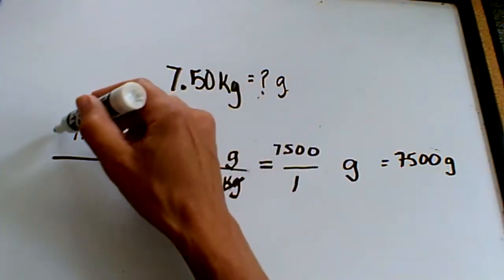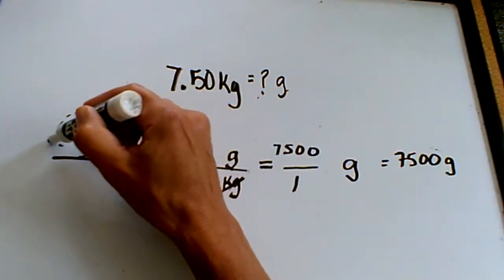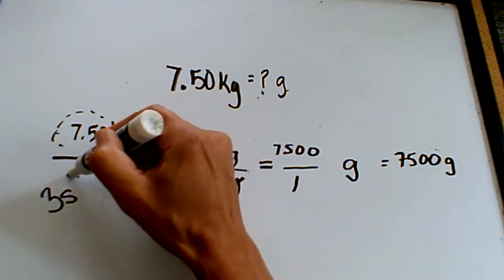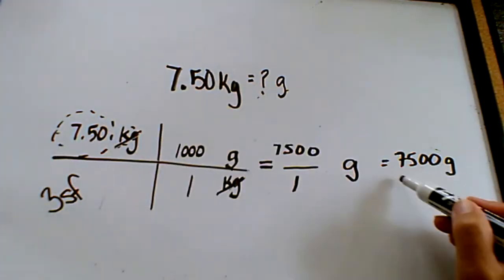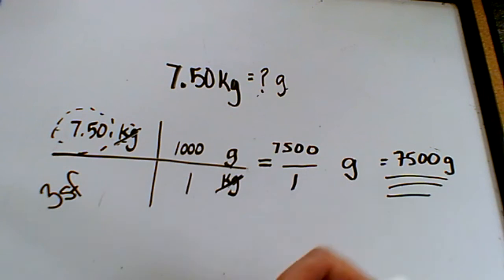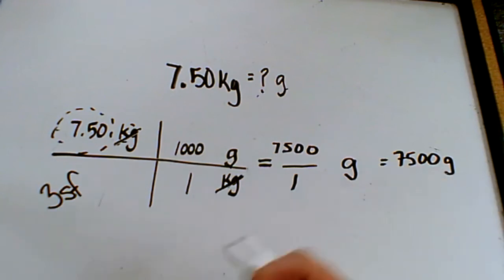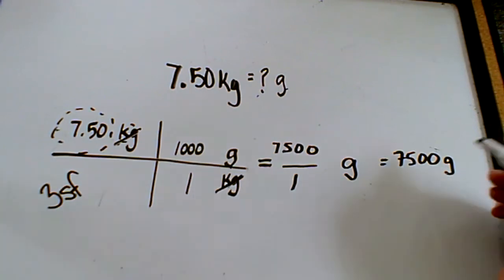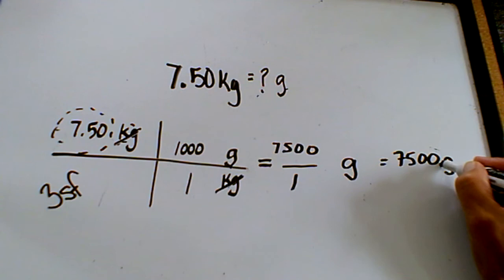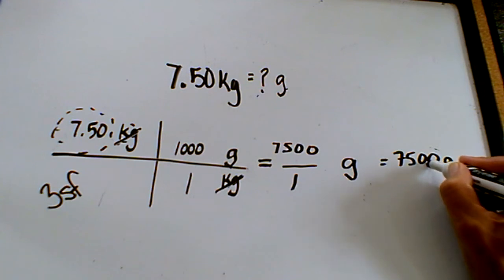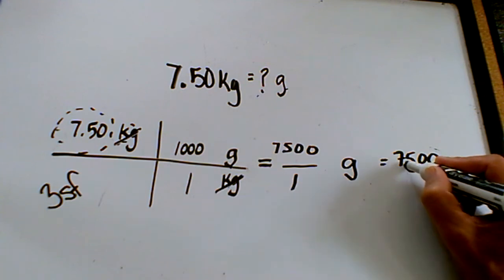This value right here has 3 significant figures. So my answer over here needs to have 3 significant figures. My only option here is to put this number into scientific notation and to take that decimal and go 1, 2, 3.